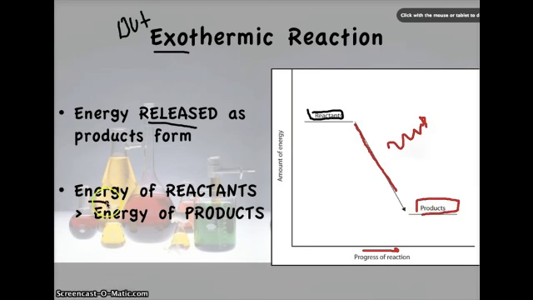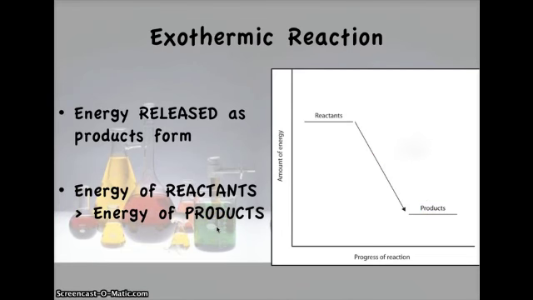So the energy of the reactants starts out much higher than what we end up with in the energy of the products. It's much lower. So one of the defining characteristics of an exothermic reaction is that the energy of the reactants is greater than, that's what that arrow right there means, greater than the energy of the products.